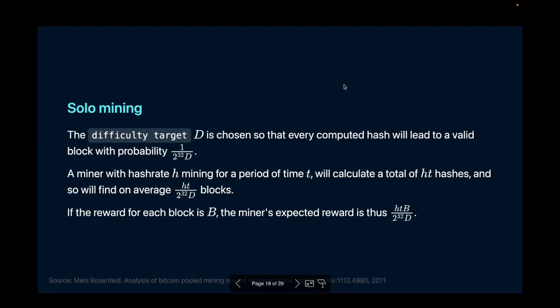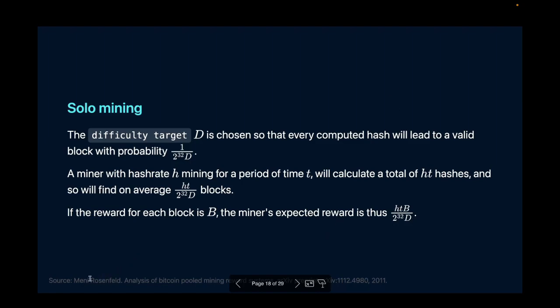So if we have a miner with a hash rate H mining for a period of time T, this miner will calculate a total of HT hashes, and will find on average HT divided by 2 to the power of 32 multiplied by D blocks. And if the reward for each block is B, then this is the expected miner reward.